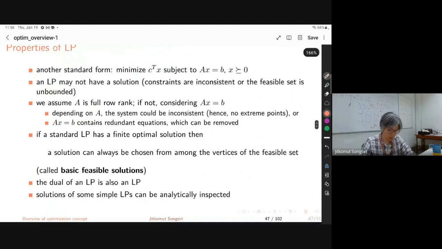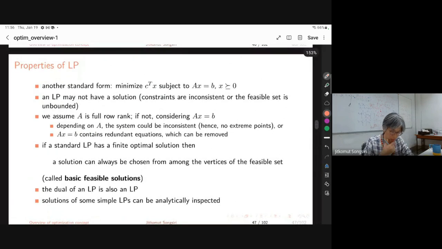We're gonna be finishing the LP. This is some conclusion from the theory of LP. Unfortunately, we don't have the time to cover all of them. Let me sketch in real quick that you're gonna have another standard form of an LP.